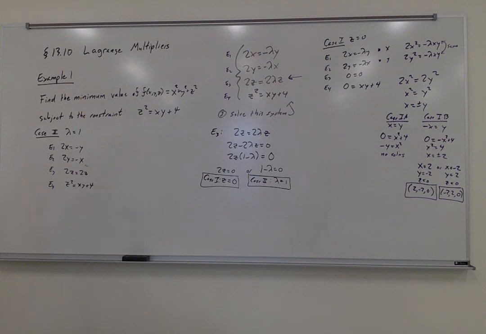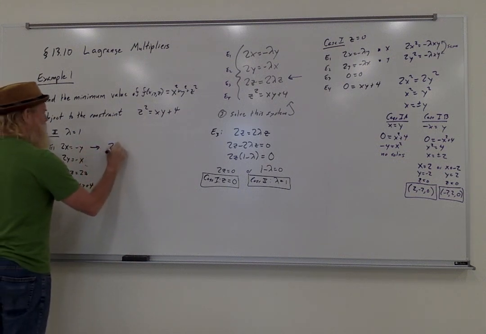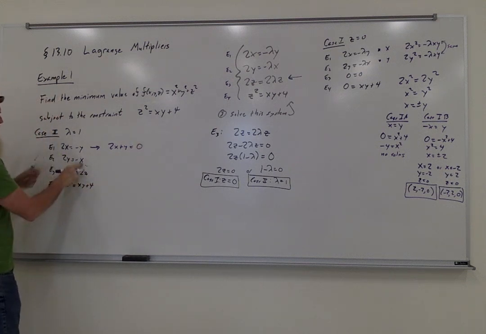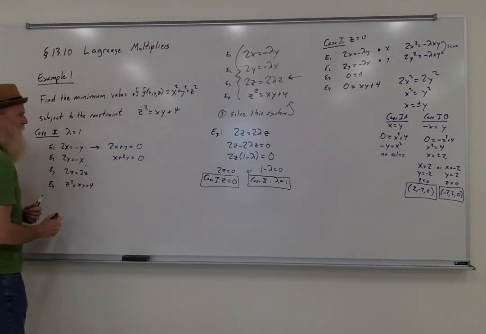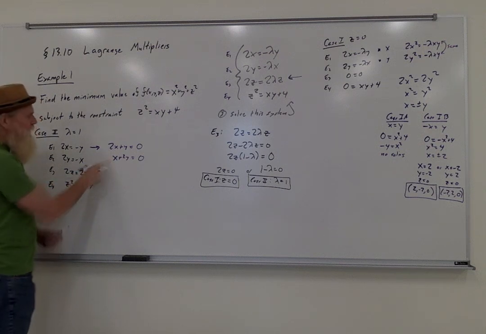Let's once again look at those top two equations. The first equation can be rewritten as 2x plus y equals 0. And the second one, if I move the x to the left side, I get x plus 2y equals 0. Well, these are linear equations. We can solve those together.